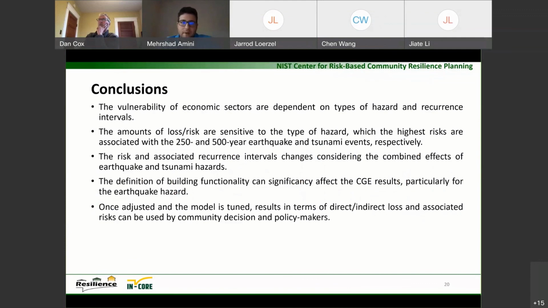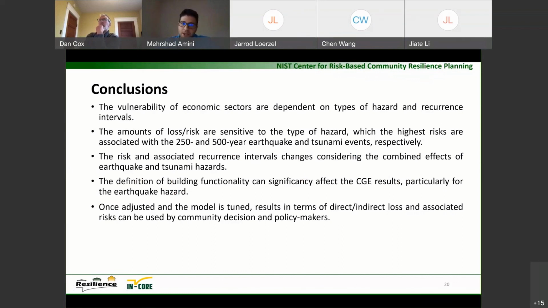As a quick review of the conclusion, the vulnerability of economic sectors depends on the type of hazard and recurrence interval. The amount of loss and risk are sensitive to the type of hazard, with the highest risk associated with the 250 and 500 year earthquake and tsunami events. The risk and associated recurrence interval change considering the combined effect of the earthquake and tsunami.